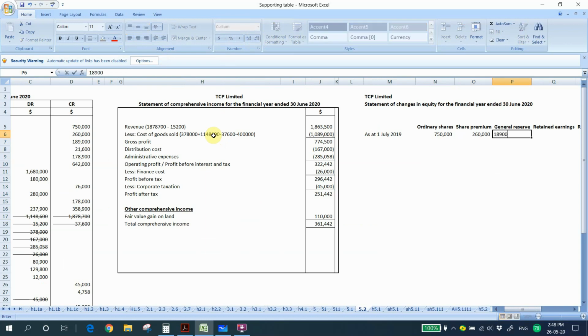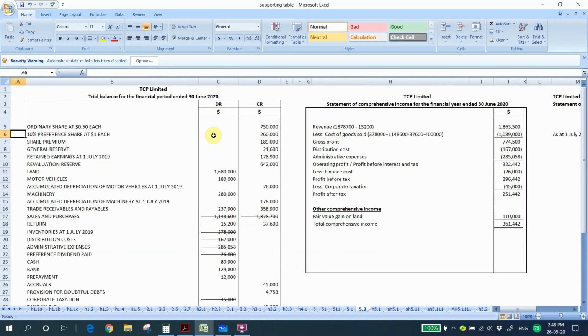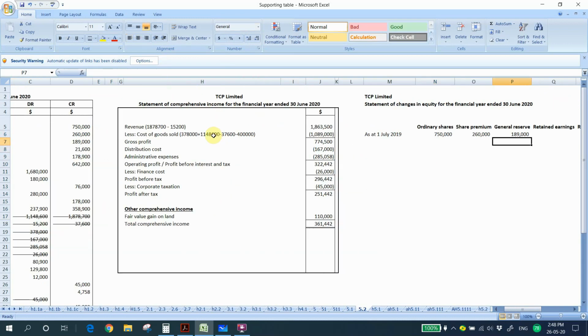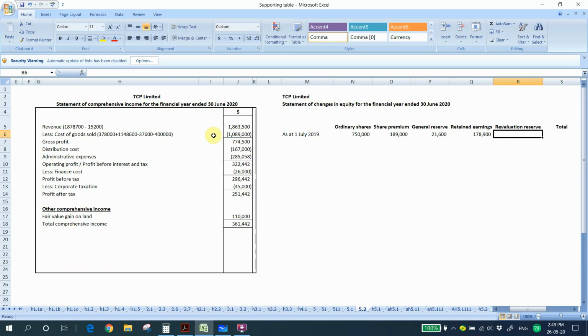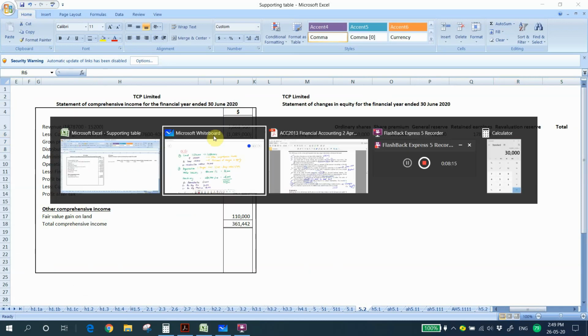General reserve 189. Retained earning, share premium is 189. General reserve 21600. Retained earning 178900. And the revaluation reserve.